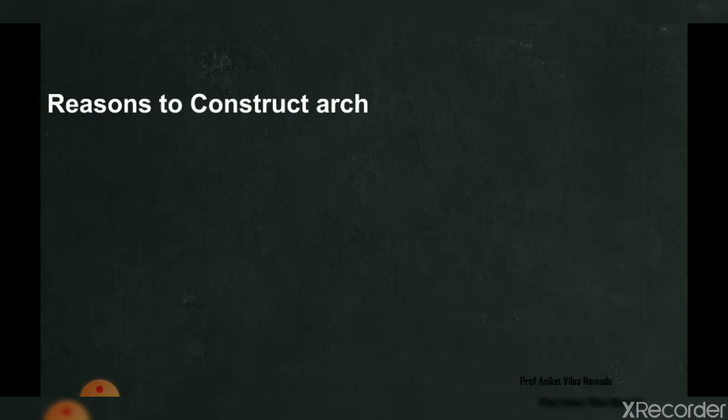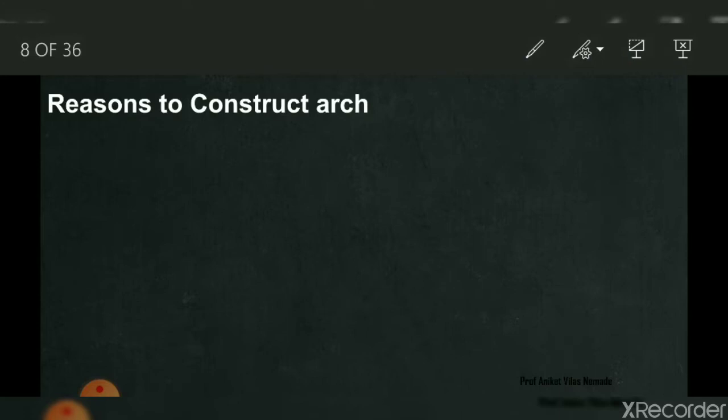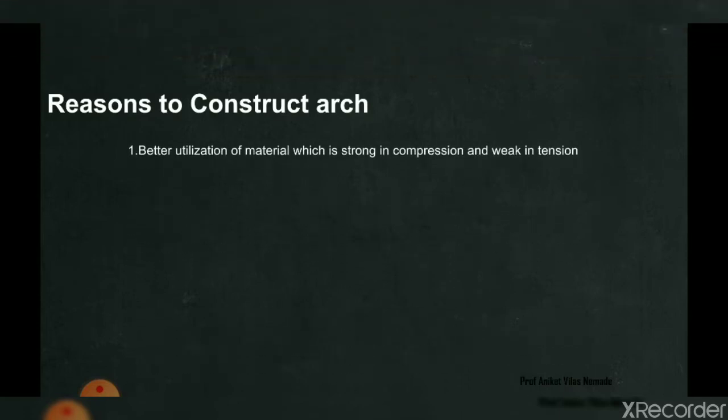The first important reason is the better utilization of the material, which is strong in compression and weak in tension, because arches are predominantly subjected to axial compression forces only.